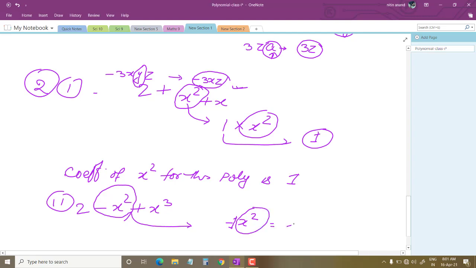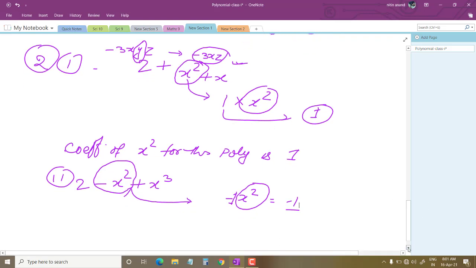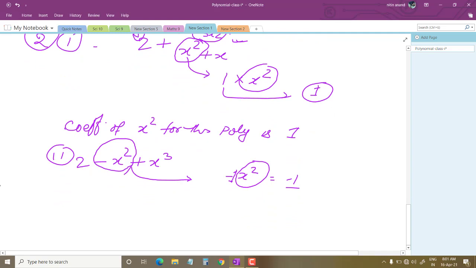Now question number 3 of this part. Question number 3 is pi by 2 x square plus x. We have to decide the coefficient of x square. See where x square is. This term has x square, and what will be its coefficient?